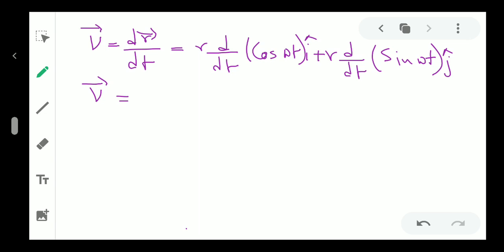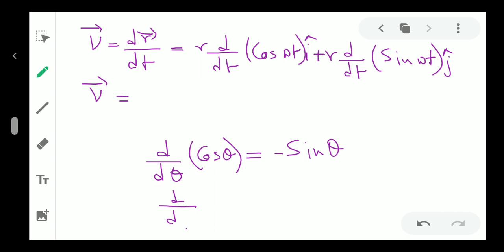Now when you have d/d theta of cos theta, you will have minus sin theta, and d/d theta of sin theta is cos theta.